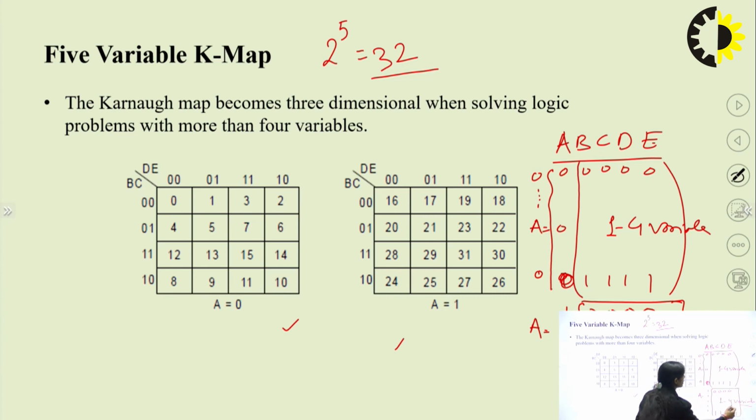So we split up this 5 variable K-map corresponding to logic A as 0 and logic 1 into 2 blocks of 4 variable, and it can be written like this. Numbering will start from A equals to 0.